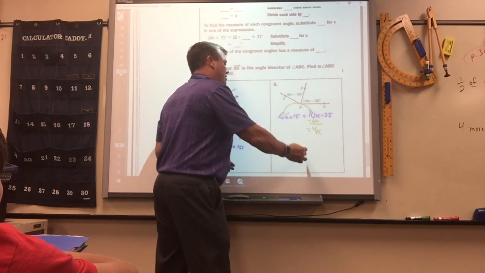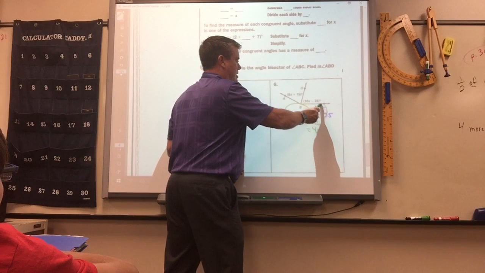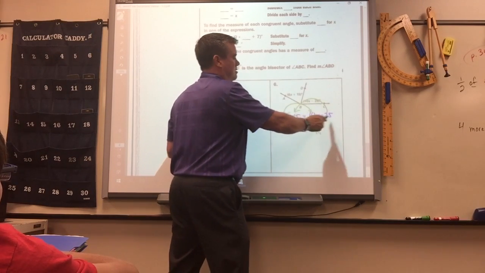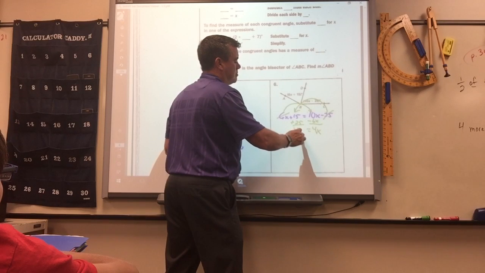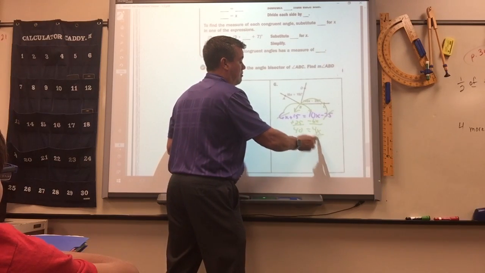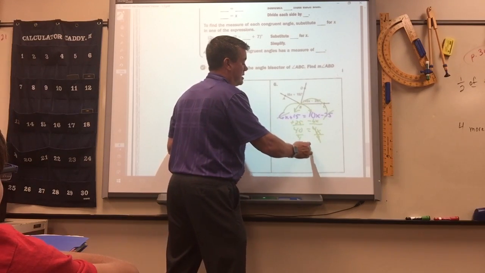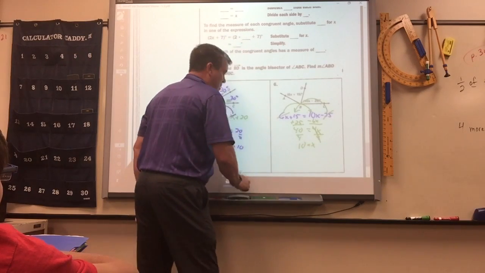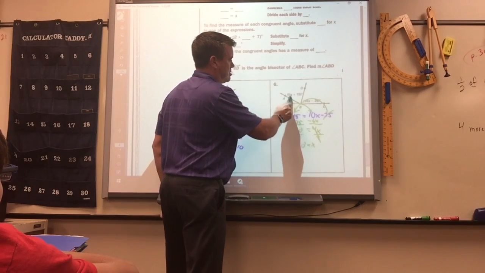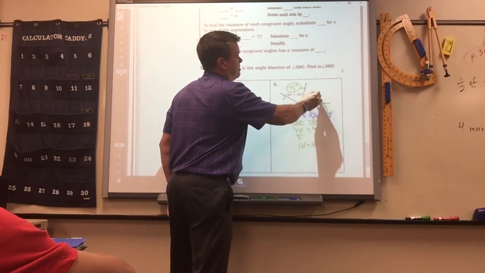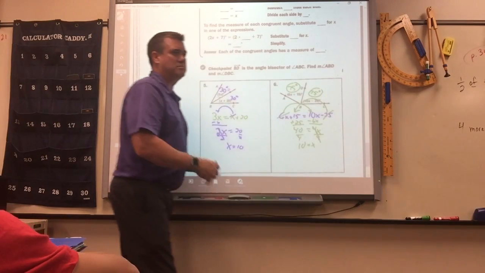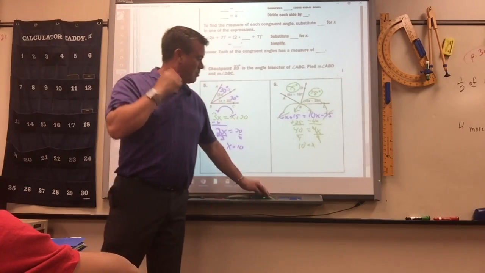Drop the equal sign down, which means you get the non-x's to the other side. It's minus, so you add. Then divide by 4, and you get 10 equals x. Which means 6 times 10 is 60, plus 15 is 75, which means the other one's got to be 75 also. Okay?